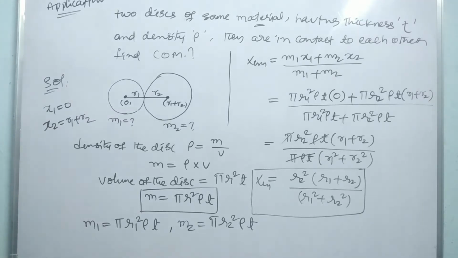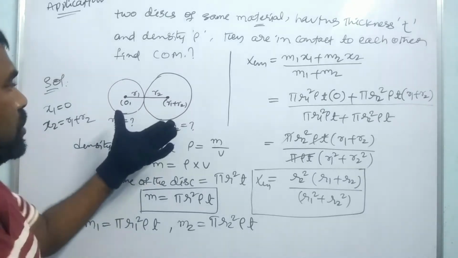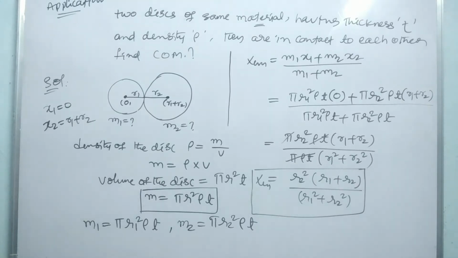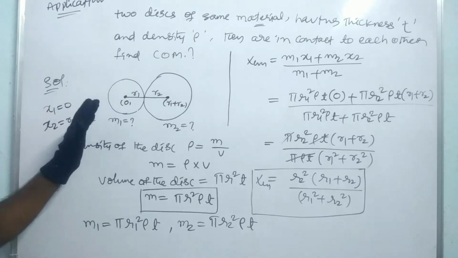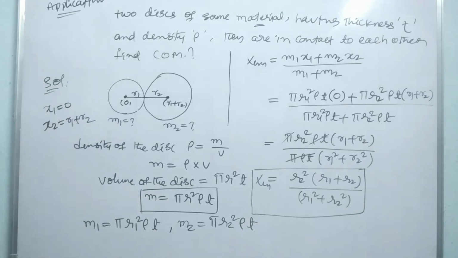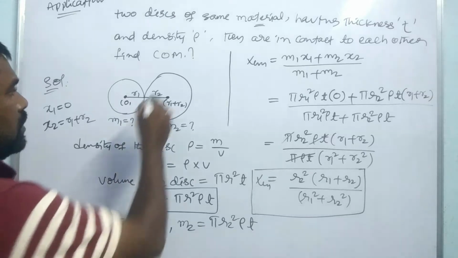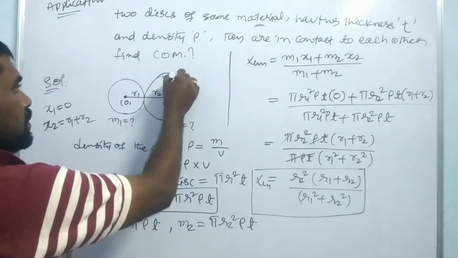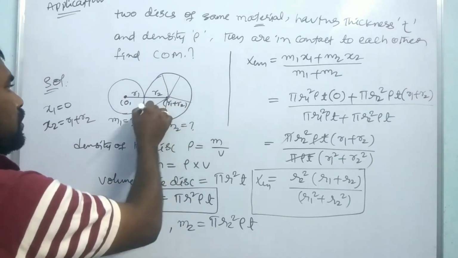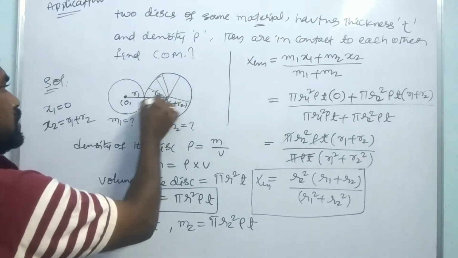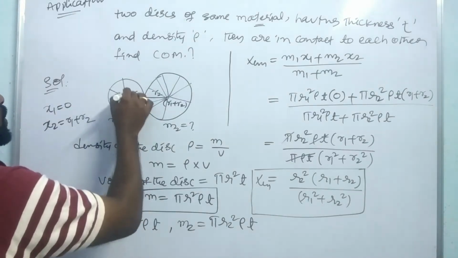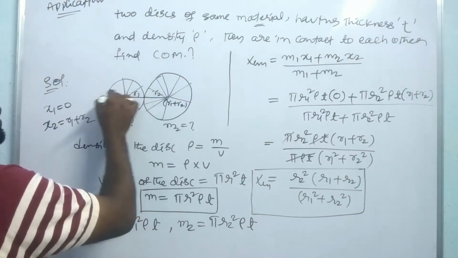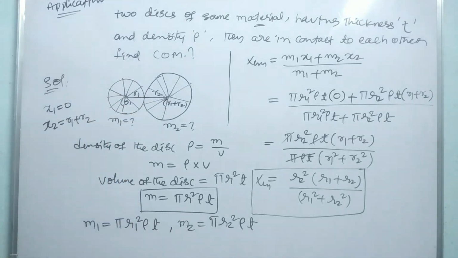Now, if the two circular discs overlap, the total surface is occupied by the mass of the disc.